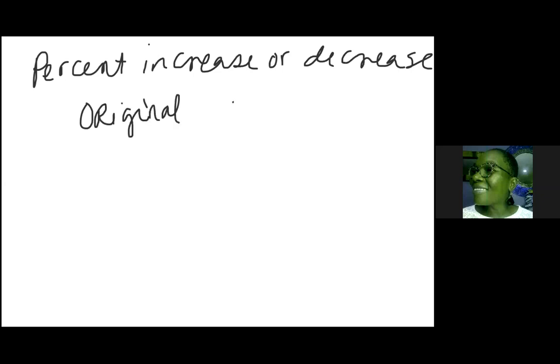How much was the original, okay? And it doesn't necessarily have to be a price. It could be like the number of, I don't know, pounds you lose. You were 150 pounds and you went down to 130 pounds. What was the percent decrease, okay? And then you're going to subtract the new amount.